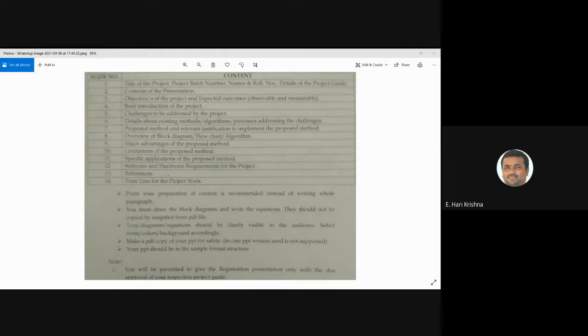So the meaning is that the ECG signal will be used to find the heart rate of the patient. Similarly, we can also find the heart rate from the photoplethysmographic signal because both ECG and PPG signals are synchronous.